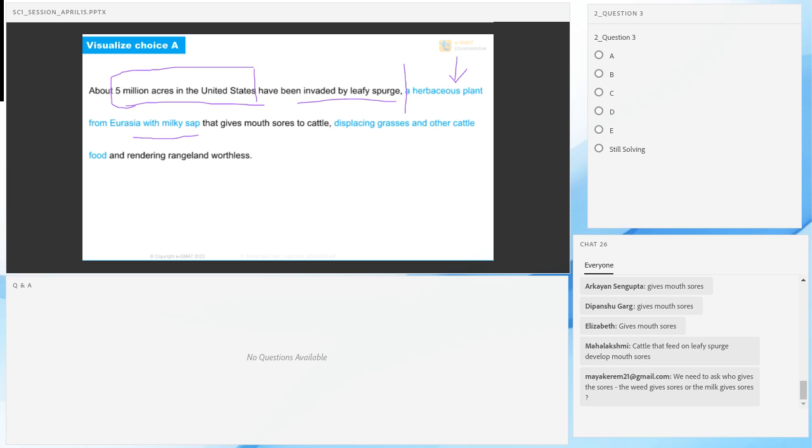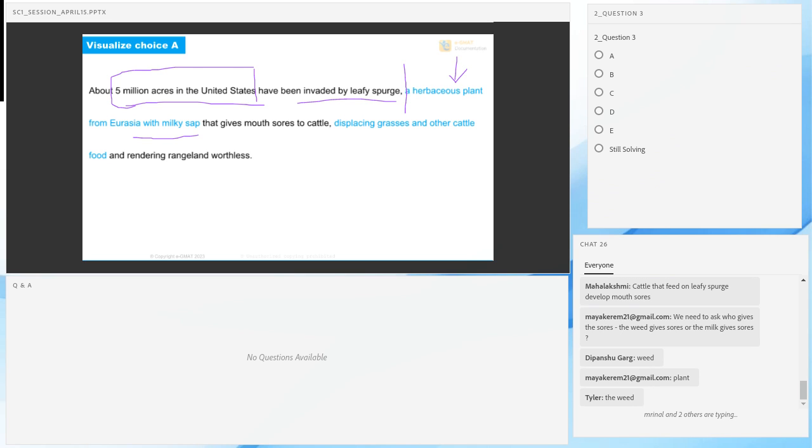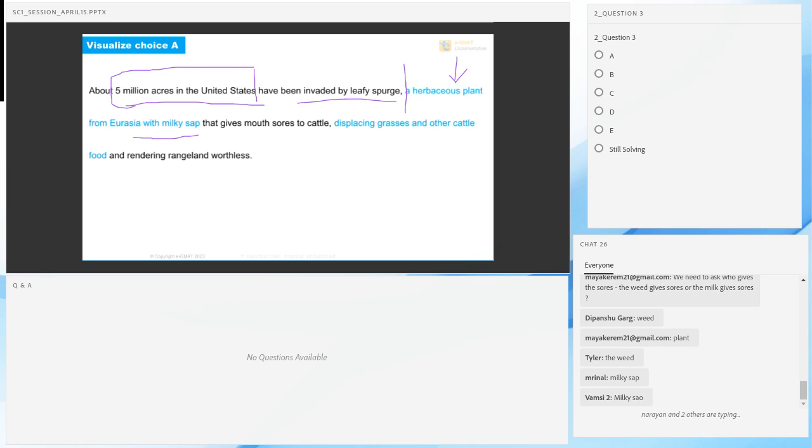Who or what gives the sores? The weed gives the sores, and the milky sap gives the sores. Yes, because milky sap is part of the weed. Absolutely. So eventually, it's the weed that gives the sores.